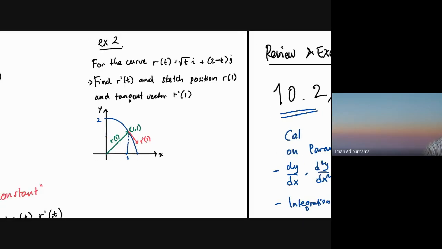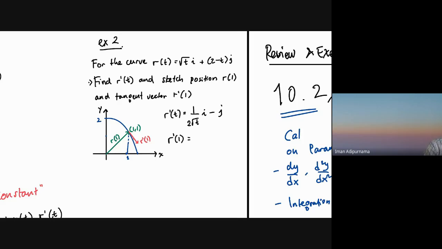Okay, just sketching the curve and find the R prime. Just differentiate the vector, and then minus j.